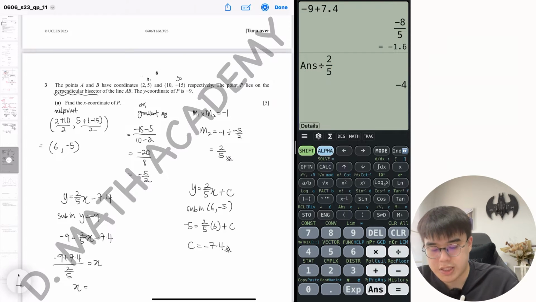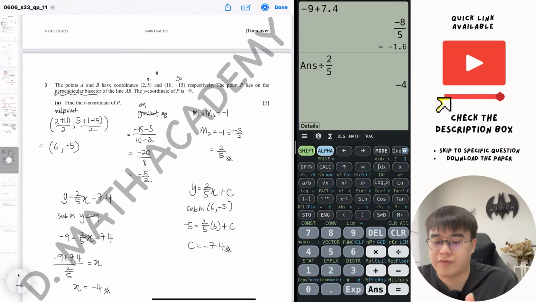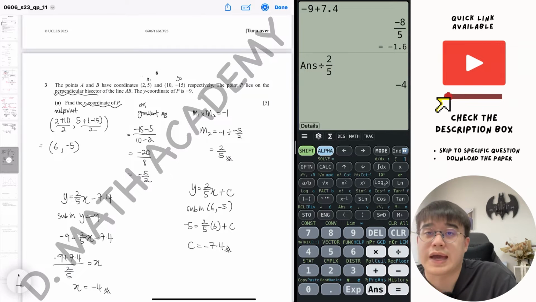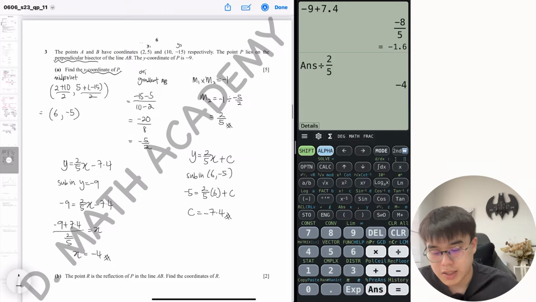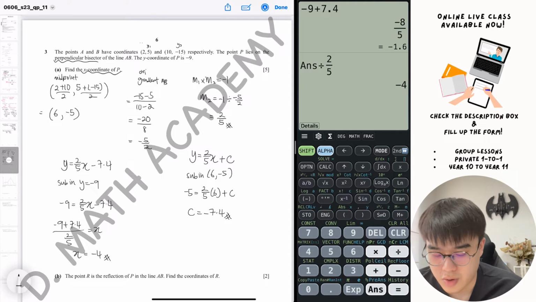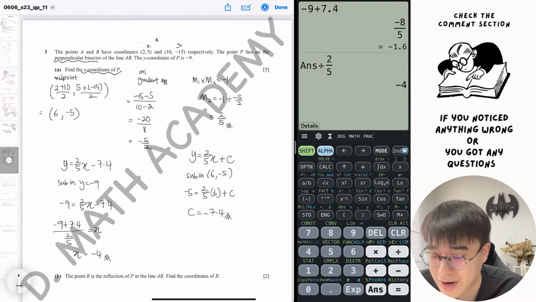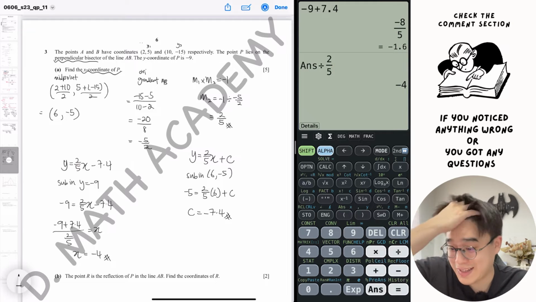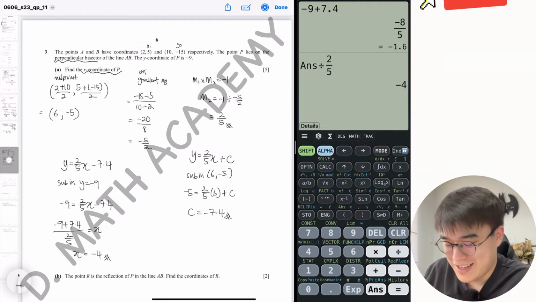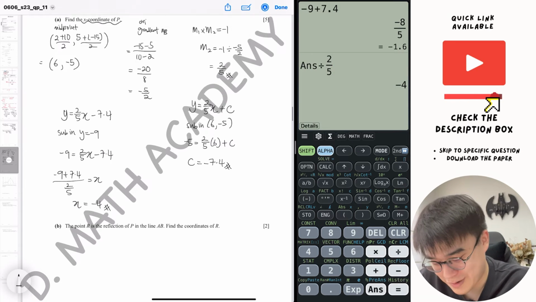So your x here will be -4 as its x coordinate. So that's for your question A. Wow, a whopping 5 marks. Wasn't expecting this much, but it would be good overall.